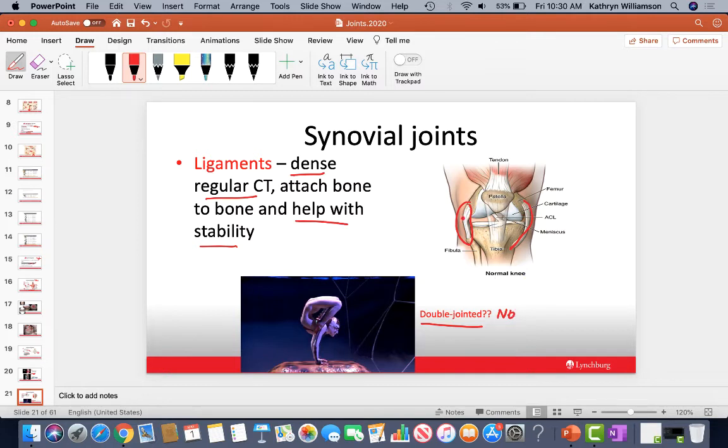What happens is that their connective tissue structures have increased flexibility, so they allow those joints to move through a greater range of motion. So they basically have increased range of motion, and it allows them to move in ways like this. Other people don't have that much flexibility in their connective tissue structures, and so there's no way that they would be able to do this.